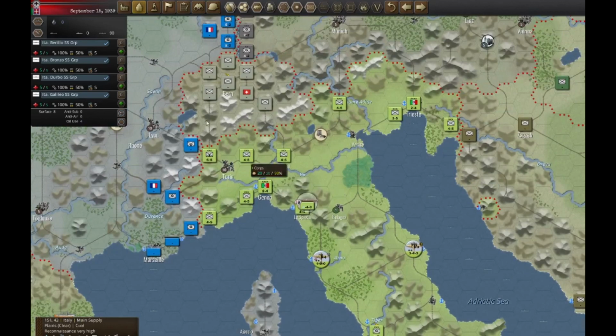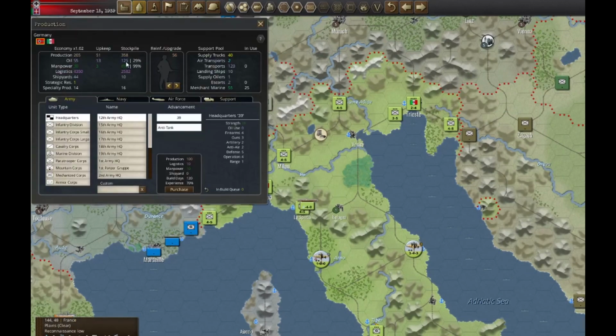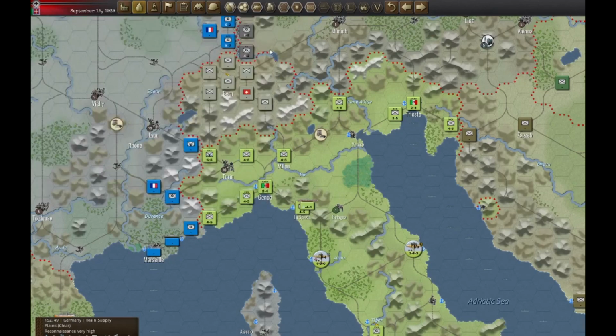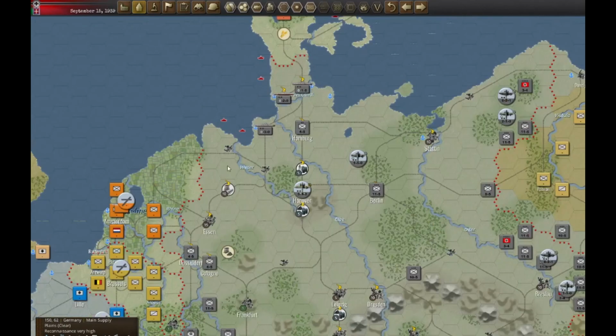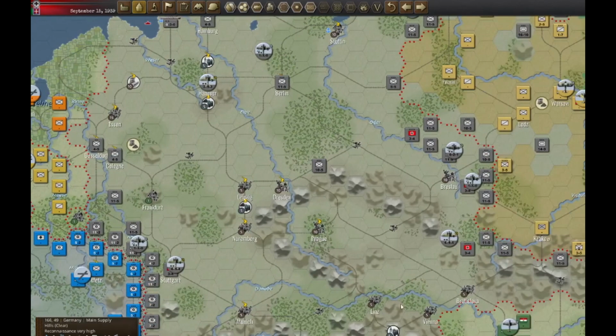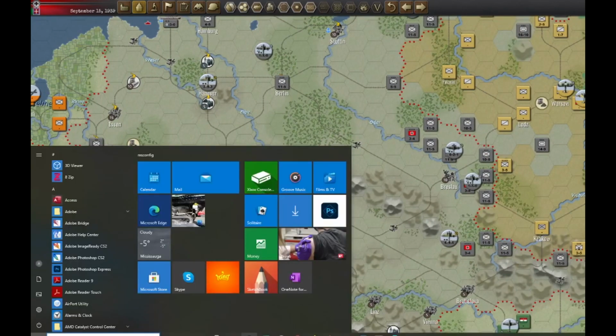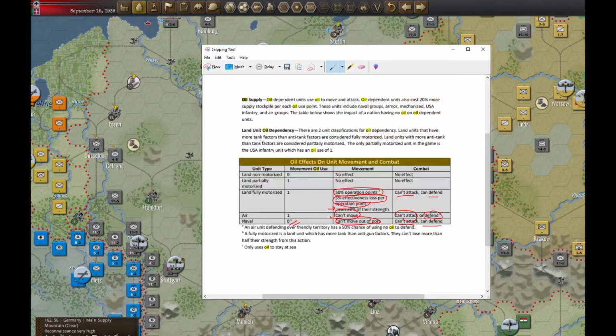And Germany has at this time 125 oil in the stockpile, so I'm not going to be able to show you that it can't attack. So again, going back to the table, any land unit that is considered motorized, these are the effects, and this can be found on page 55. The air effects are here if it's out of oil, and the naval effects are here.